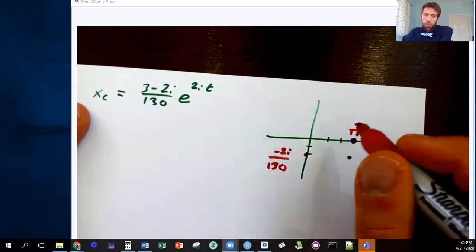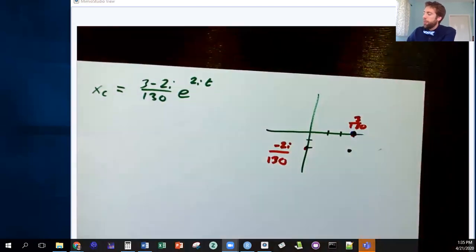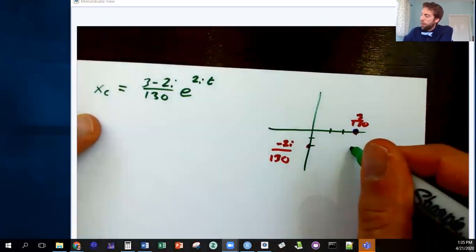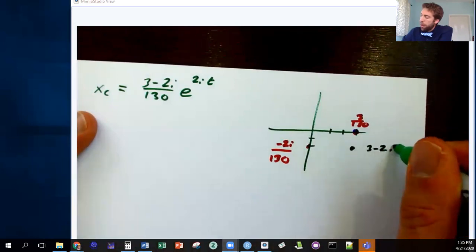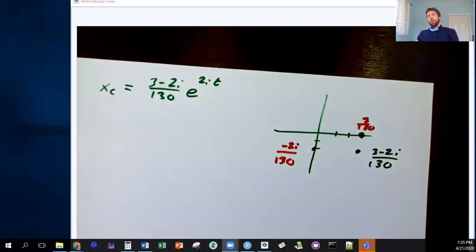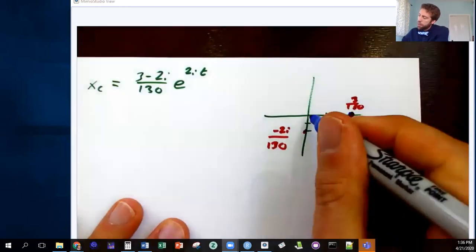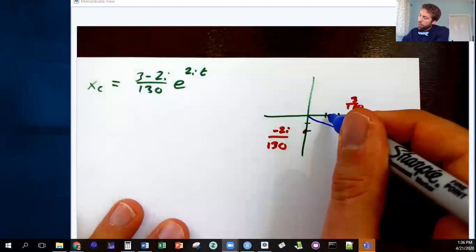We write our real numbers left to right, and our imaginary numbers up and down. When you add them together, you get this number in the plane right here, which is 3 minus 2i over 130. Writing it in polar form means that you look at the distance from the origin and the angle from the origin.